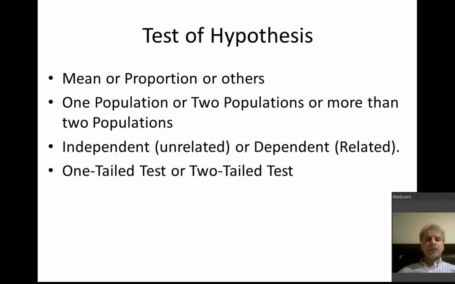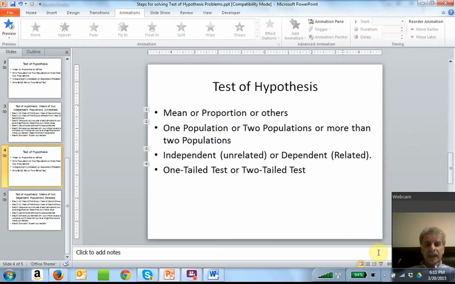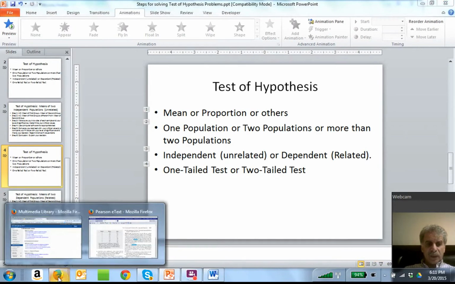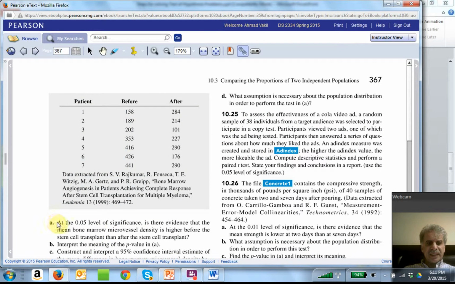And the last thing I need to do is to determine if it's dealing with a one-tail test or two-tail test. Again, this part could be a confusing one, and there is no other way to tell you except to read the problem very carefully and see what the problem is asking. So I'm going to go back to the problem and see if I can determine if it's a one-tail or two-tail test. Part A says, at the 0.05 level of significance, is there evidence that the mean bone marrow density is higher before the stem cell transplant than after?